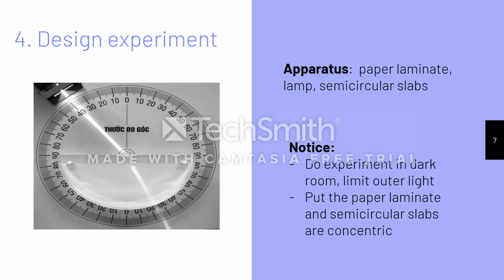First, we do the experiment in a dark room to limit outside light, and it helps us to observe the experimental phenomenon clearly. And second, we put the paper laminate and semicircular slab concentric, and it's convenient for measuring the incident and refracted angles.